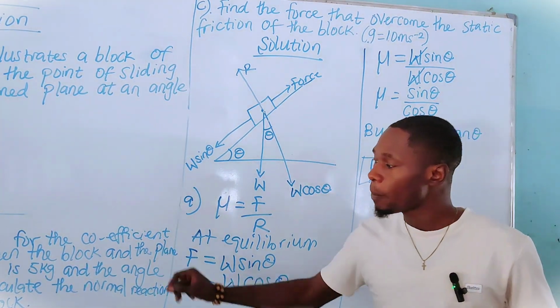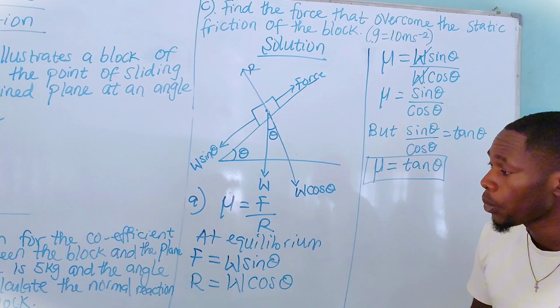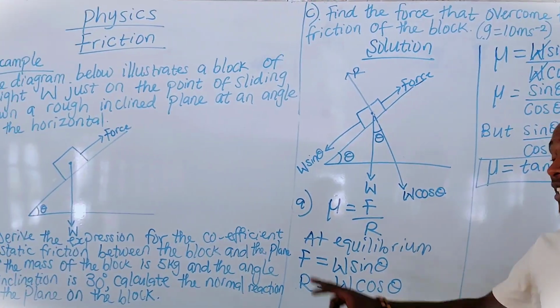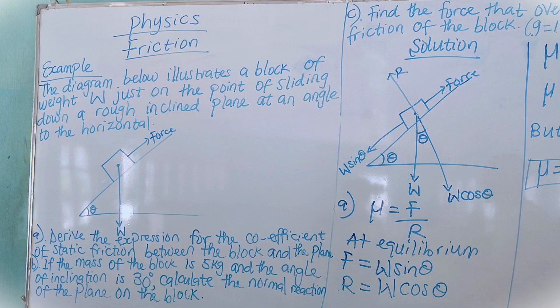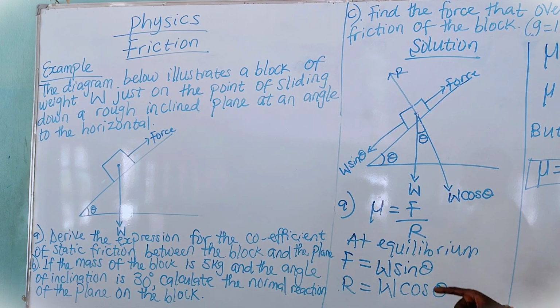All right, so we have obtained the expression. The second part of the question says, if the mass of the block is 5 kg and the angle of inclination is 30 degrees, calculate the normal reaction of the plane on the wood.